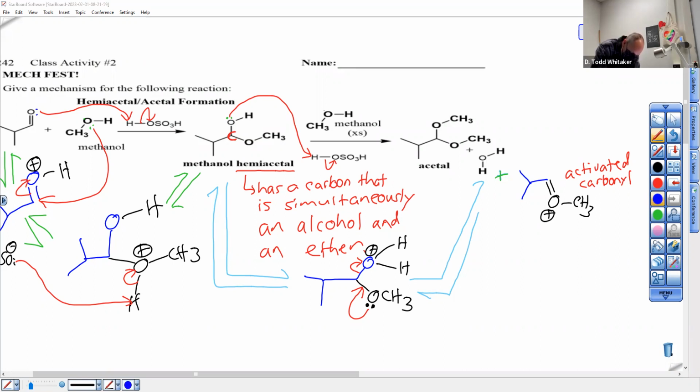Why not use it way up here? Throw a lone pair on it. Here he comes. Ooh, almost missed. I'm going to start that over. Yeah, that didn't miss. Okay, and that's going up here. And we're going to have something that looks very similar to that final acetal.